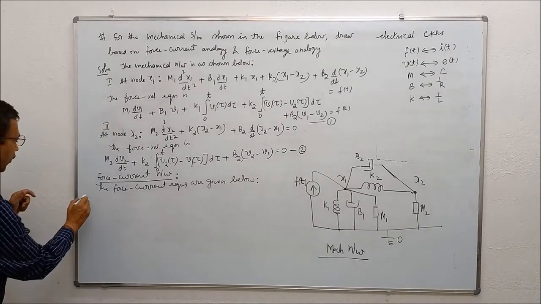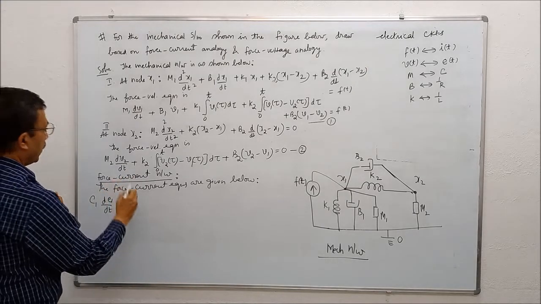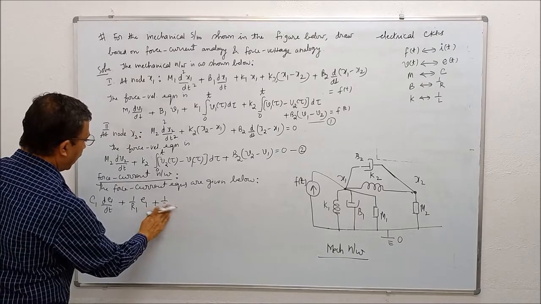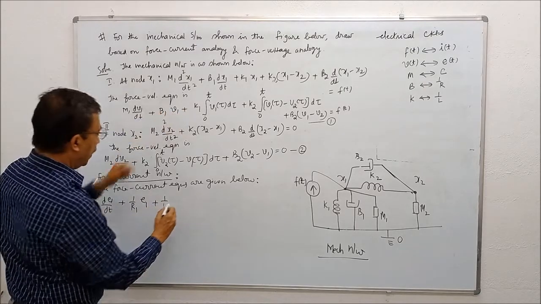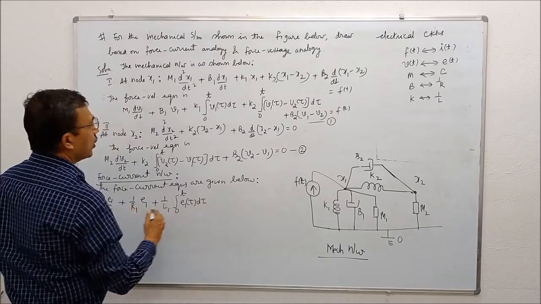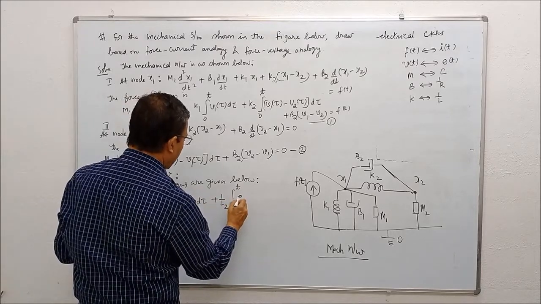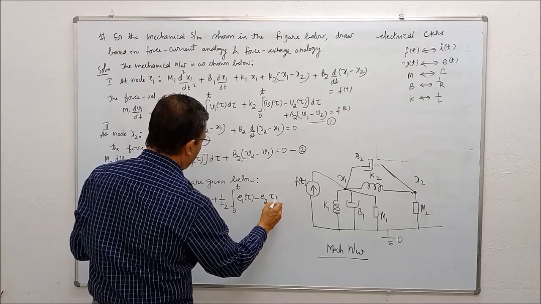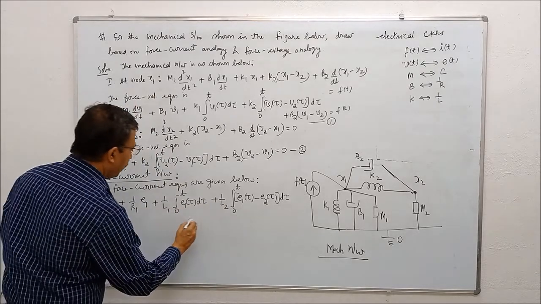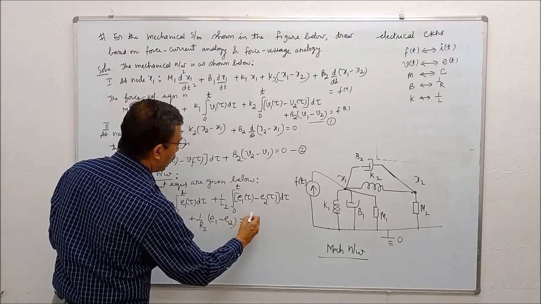Take equation 1. M1 is replaced by C1, V1 is replaced by E1, B1 is replaced by 1 by R1, K1 is replaced by 1 by L1 integral 0 to t E1 of tau d tau plus 1 by L2 integral 0 to t E1 of tau minus E2 of tau d tau plus 1 by R2 into E1 minus E2 is equal to I of t.